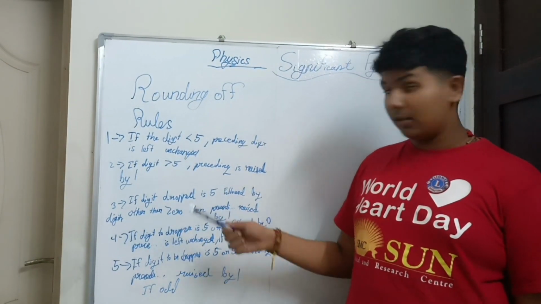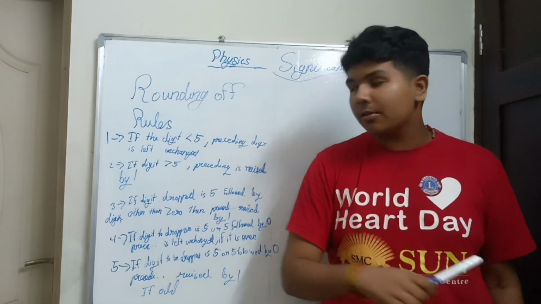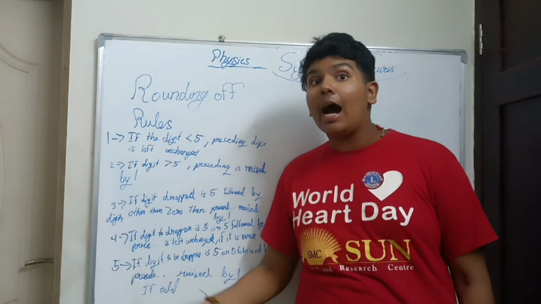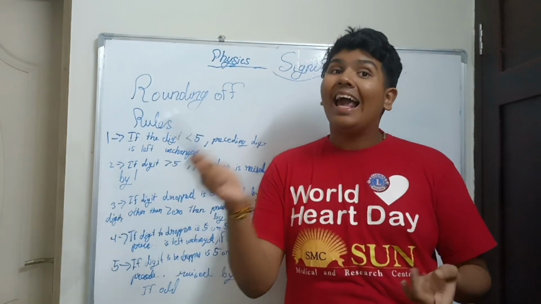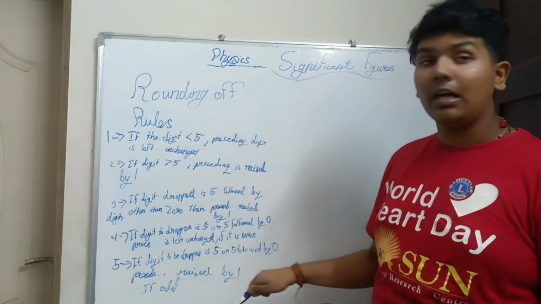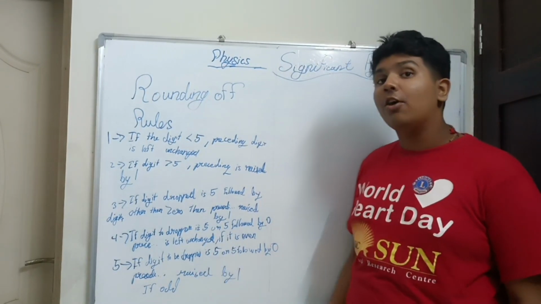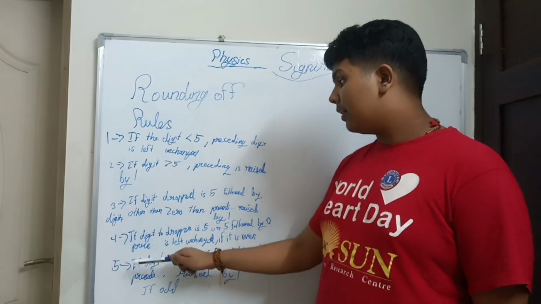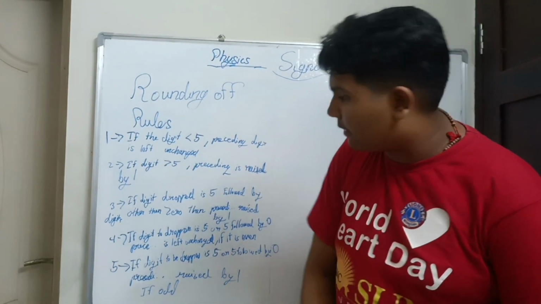Rule number 3: if the digit to be dropped is 5 followed by digits other than 0, like 1, 2, 3, and so on, except 0, then the preceding digit is raised by 1. Rule number 4: if the digit to be dropped is 5 or 5 followed by 0, the preceding digit is left unchanged if it is even.